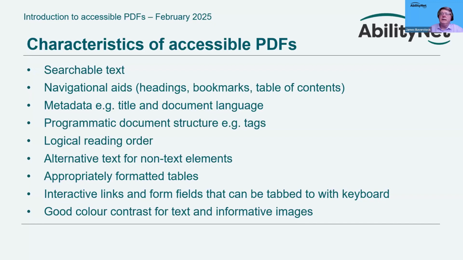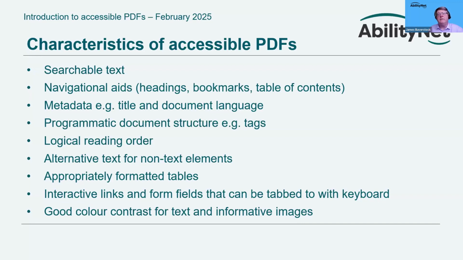So it's really fundamentally critical that you have searchable machine-readable text. You also want accessible PDFs to have good navigational aids. So heading structure is particularly valuable for screen reader users, as they can pull up a list of headings in a document in their screen reader and quickly get to the part of the document that interests them. In longer documents, it's good to have bookmarks and a table of contents to help people get around the document.